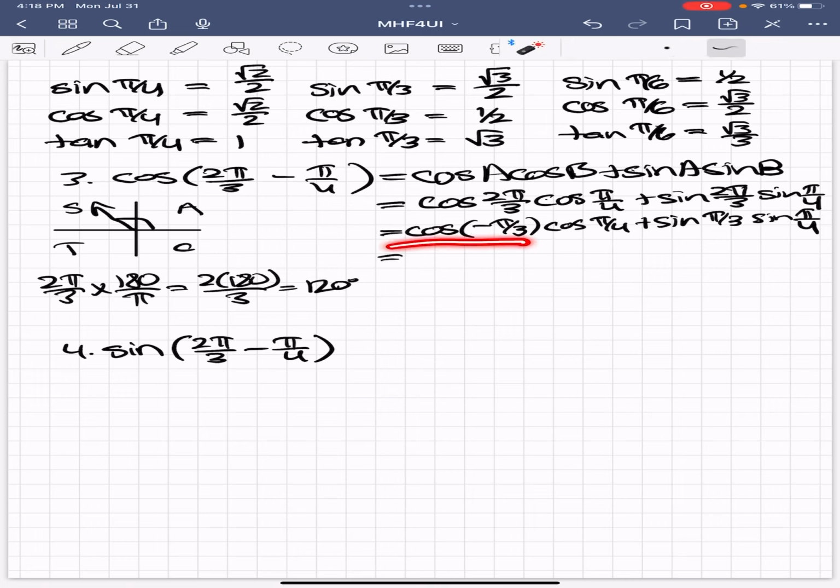I did cos negative pi over 3, and then I did sine pi over 3 because sine 2 pi over 3 is positive in the sine quadrant.